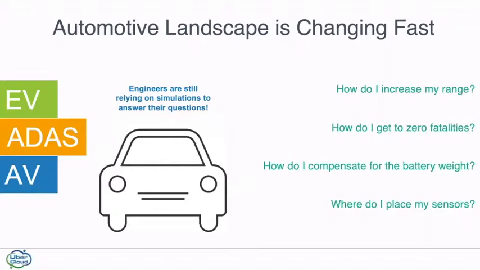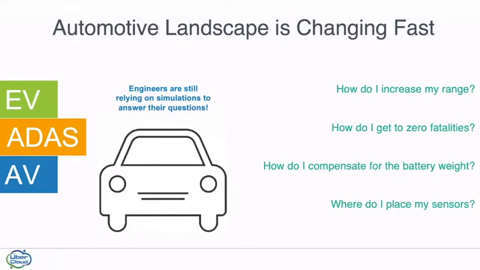And there are companies with ambitious goals out there. For example, Volvo publicly announced that they target to achieve zero fatalities by 2020, which is 1 year from now. And Volkswagen announced that they will stop making gas and diesel cars by 2026.